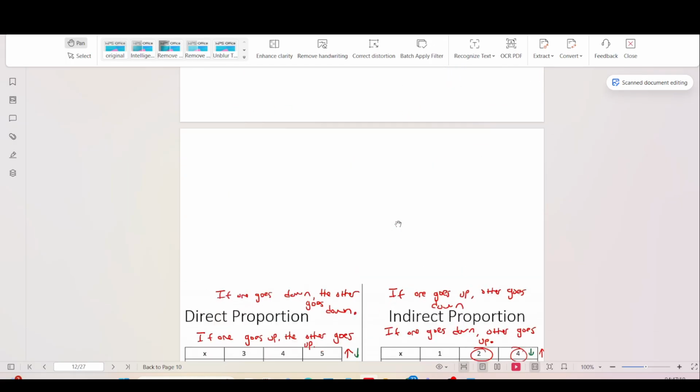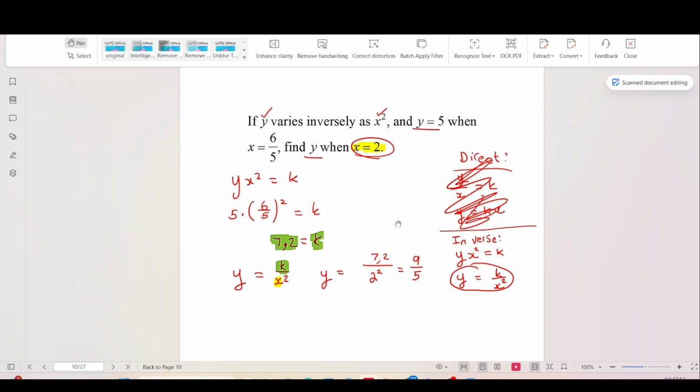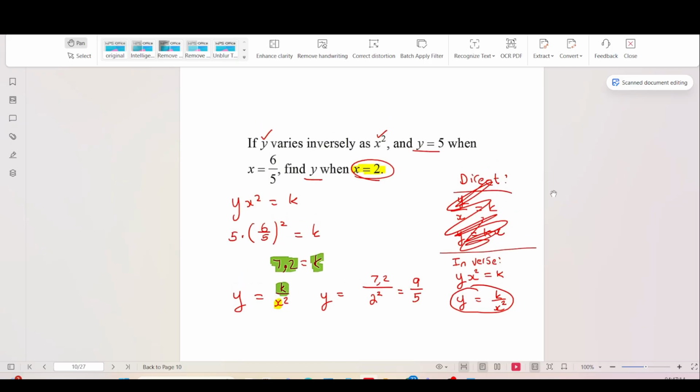So I do 5 times 6 fifths squared equals k. Can you go back up so I can see? Just want to read over. So apparently that's equal to 7.2, so 7.2 equals k. What would I do from there?